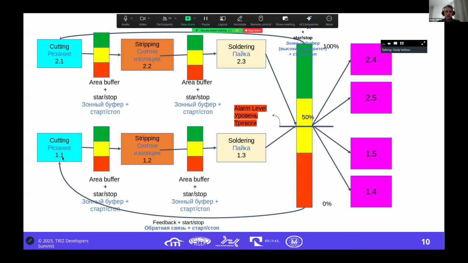And we have time to go to the area buffer, to stripping, to soldering, and again to start loading the buffer. Of course, the size of all the area buffers is controlled empirically. When they see that it is very big, they can reduce it, and vice versa. When they see that it is small, they can increase it.